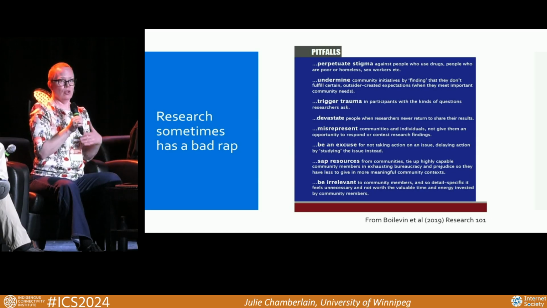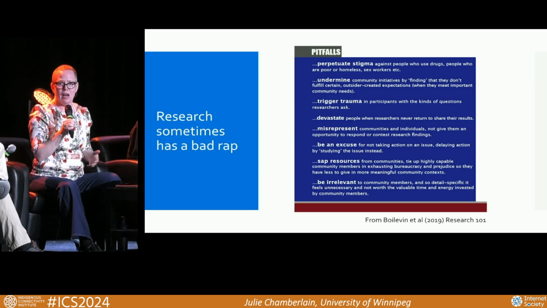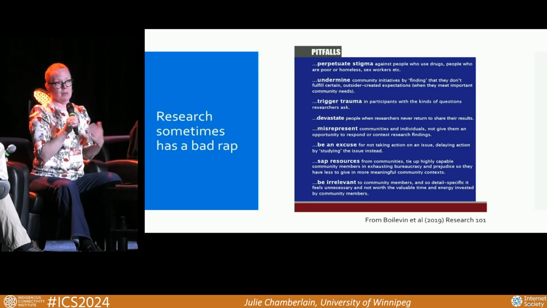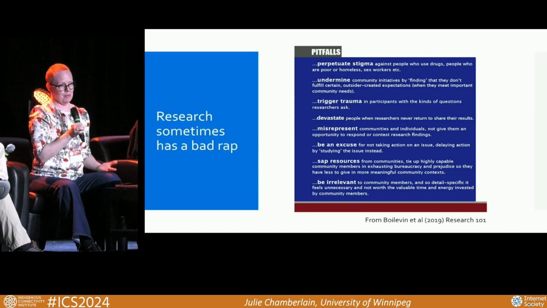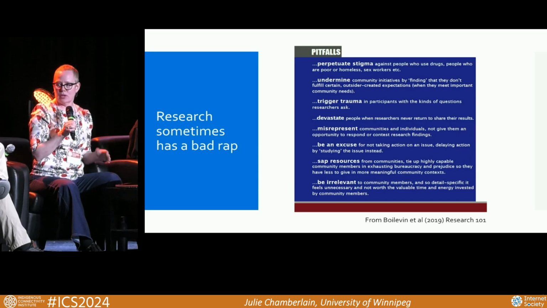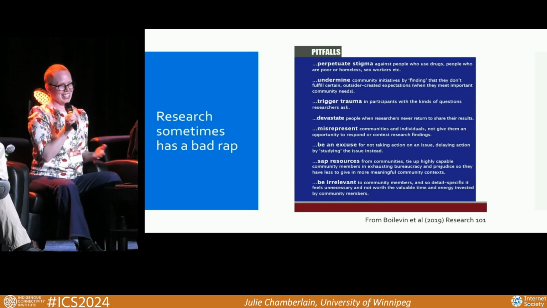But some of the pitfalls of bad research in the past is that it can undermine or has undermined the goals of communities, having met maybe outside goals and not so much the goals of communities themselves. Sometimes we see research that can be a little bit like setting up a committee to talk about a committee, about maybe having a committee to study an issue.